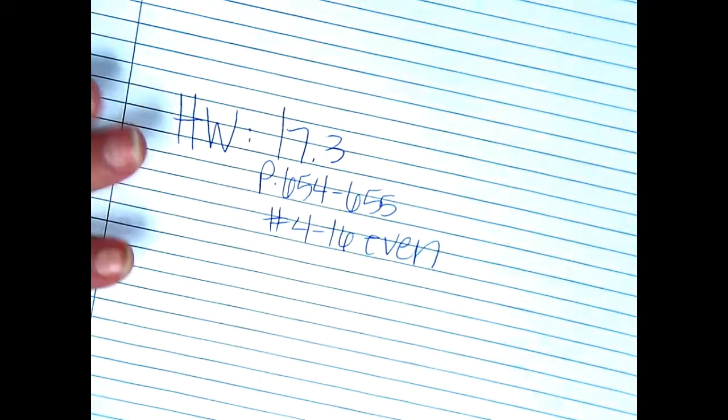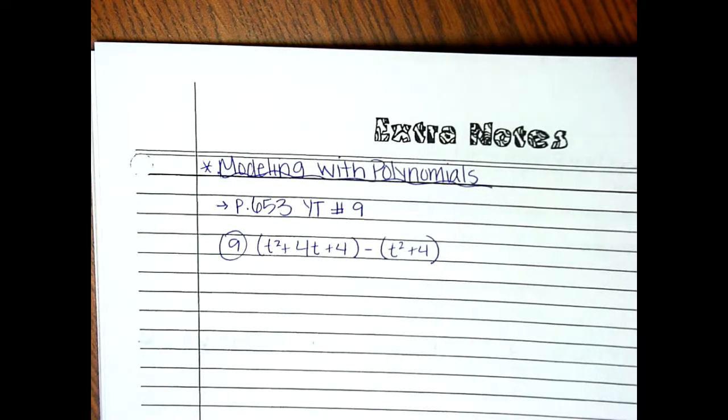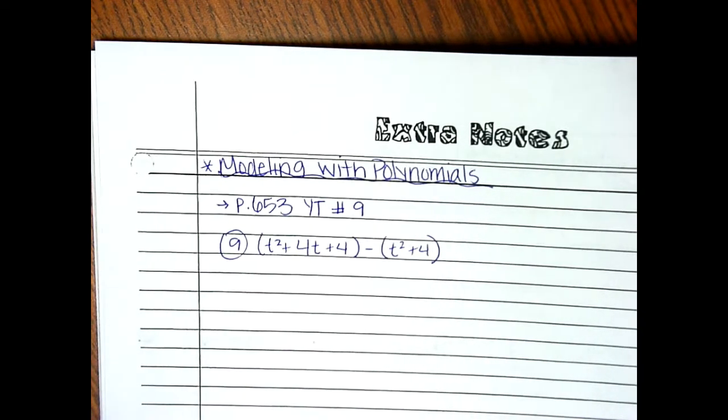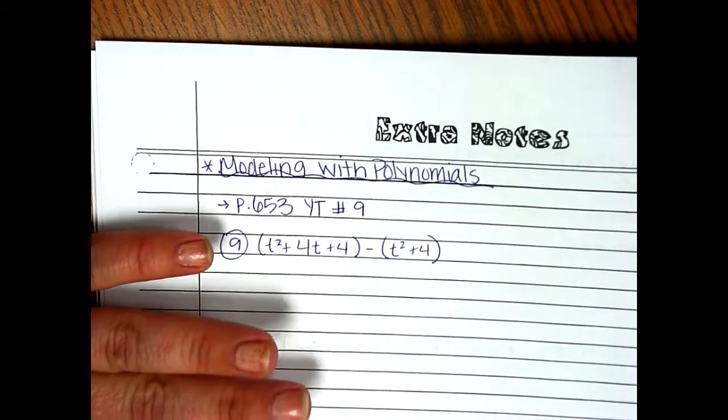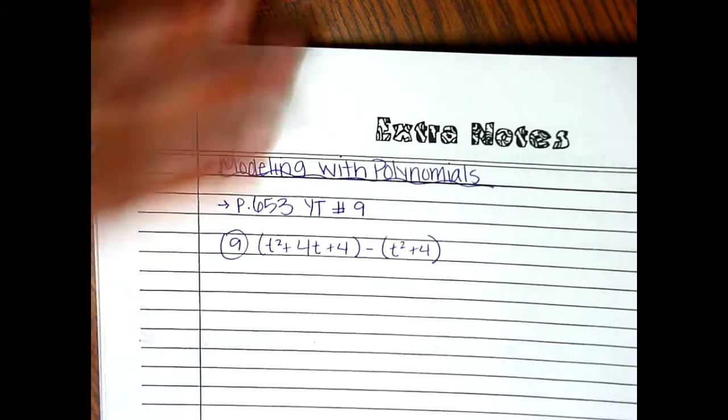Okay, the first one comes from page 653. It's your turn, number 9, and it says Jen, a biologist, is growing bacterial cultures at different temperatures as part of her research.